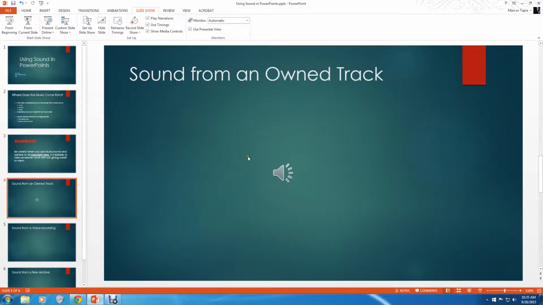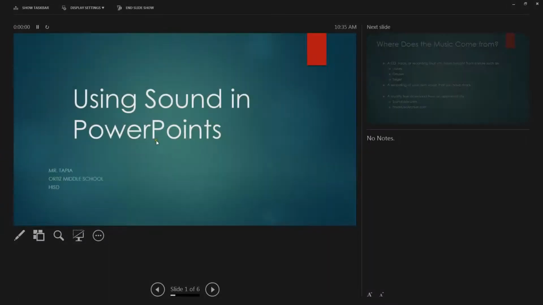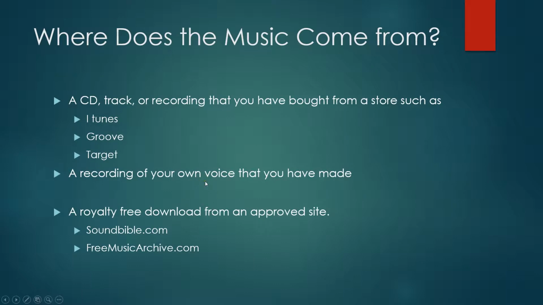So if I go back, click on my sound, go to playback, I can change this to start automatically, and I can hide this little icon during the show. So I'm going to click that. I'm going to go back to my slideshow. I'm going to switch displays again, and we'll see what happens this time.